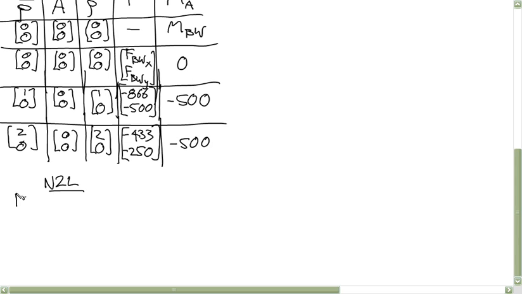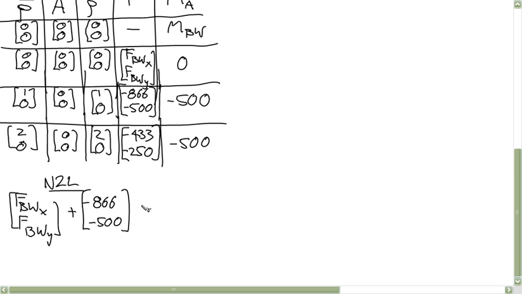So we have FBWX, FBWY plus negative 866, negative 500 plus negative 433, negative 250. That's all the forces. So since it's in static equilibrium, that's all equal to 0. Otherwise, it would be equal to ma.